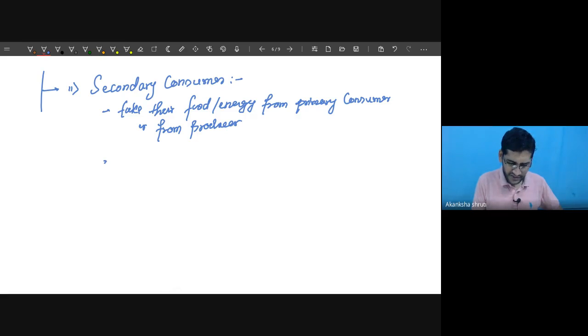Means what? Which kind of organism will fall in this category? Omnivorous. So omnivorous organisms fall in this category.